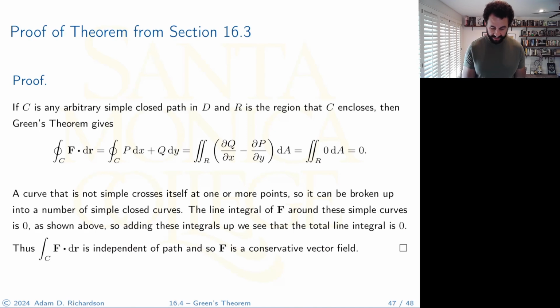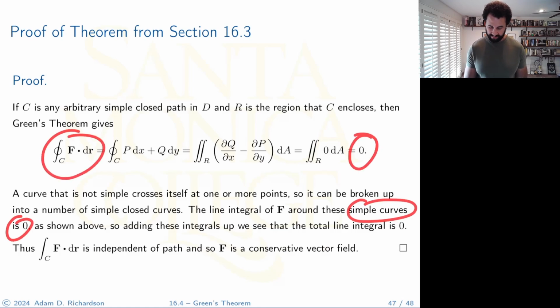Now, this is true for any arbitrary simple closed path, right? But a curve that is not simple crosses itself at one or more points, right? Like so. However, if it's crossing itself, then what we can do is decompose it into two simple regions, or two simply connected regions, or simple closed curves. The line integral of f around these simple curves is going to be 0 by this calculation.